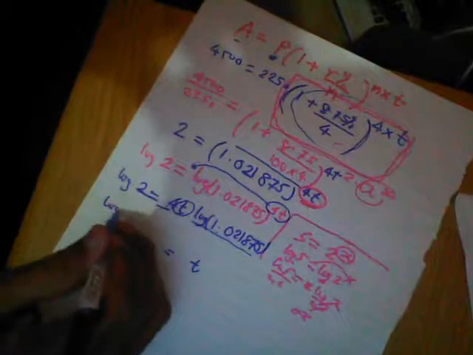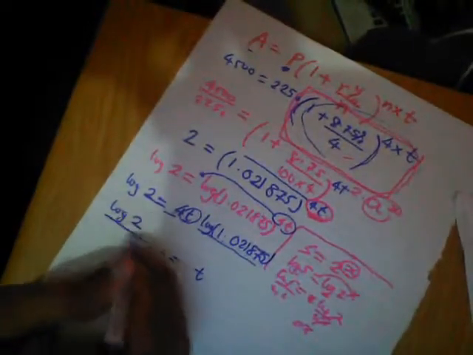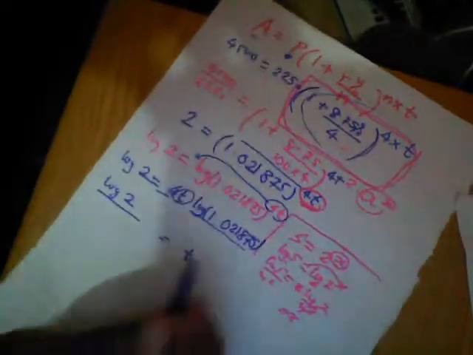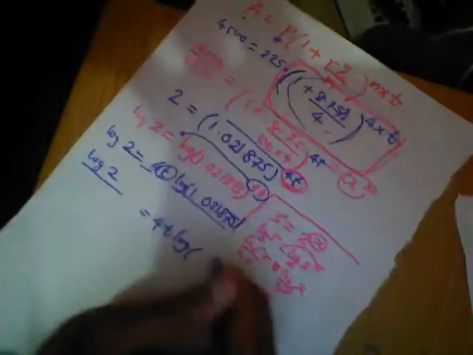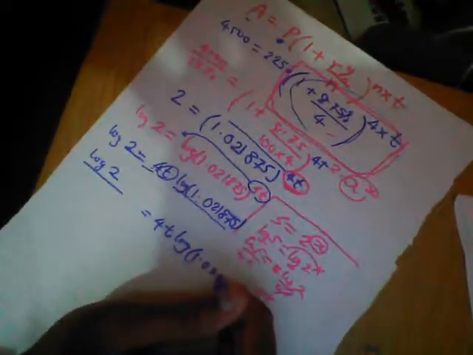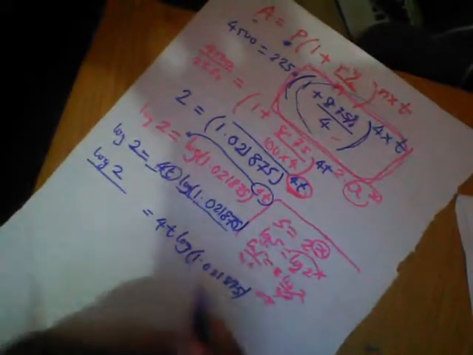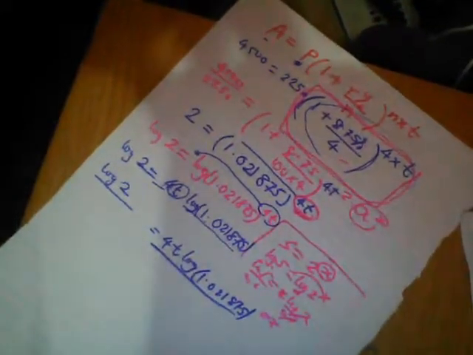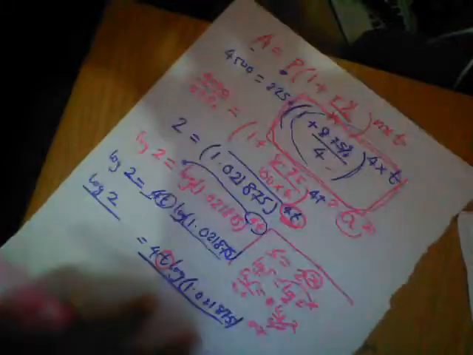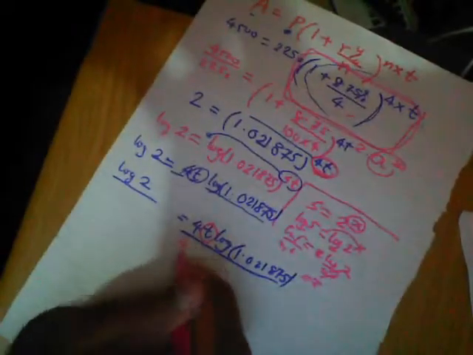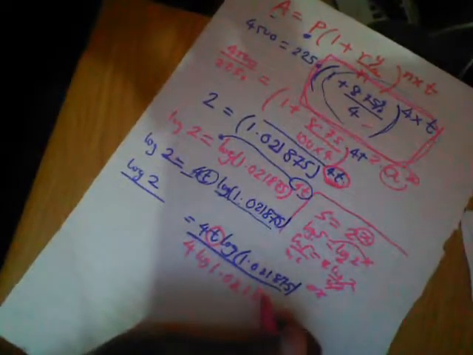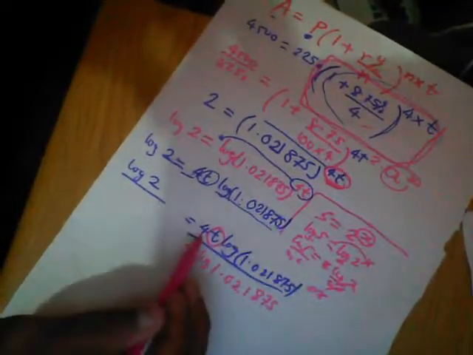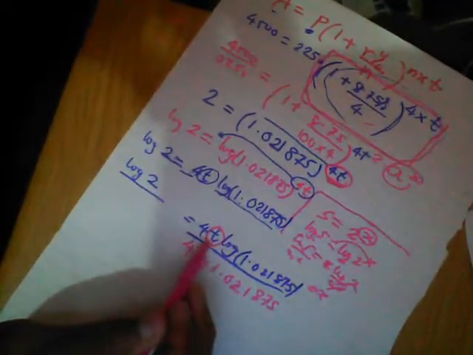And then this side I have log of 2. So divide by 4 log throughout. So this side I have a 4, excuse me, and then log of 1.02187.5. I divide because I just want to get only T. Whenever you have a multiplication, if you want to get rid of them, just divide.